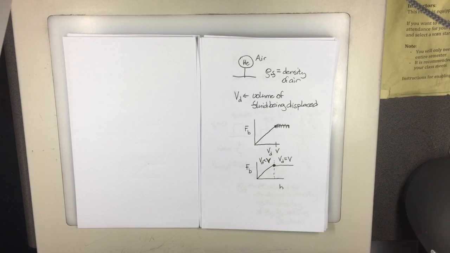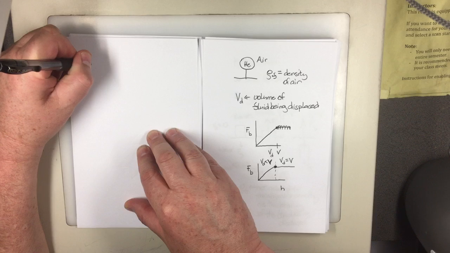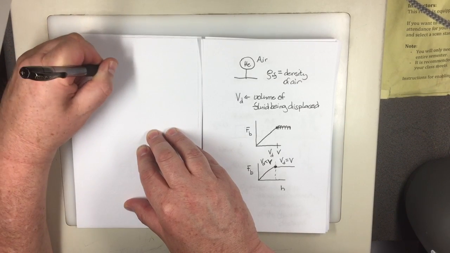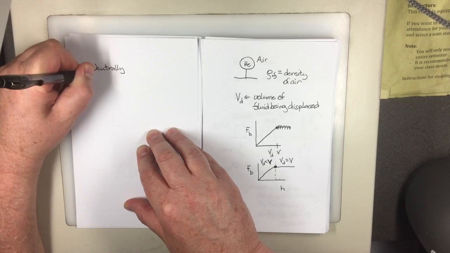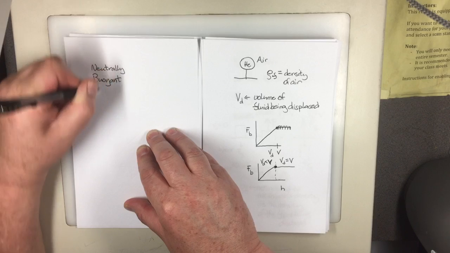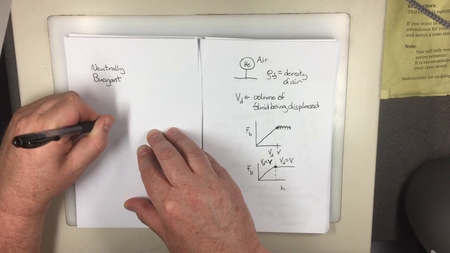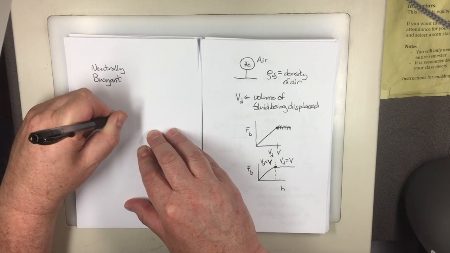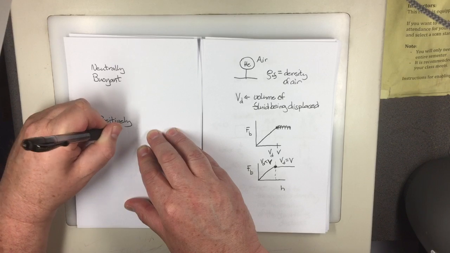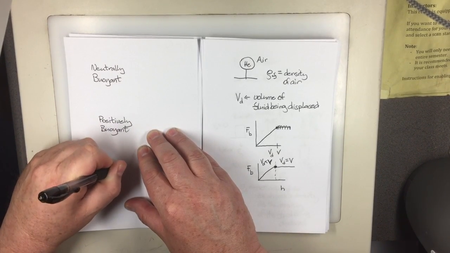Now, in buoyancy, there are terms such as neutrally buoyant, positively buoyant, and negatively buoyant.